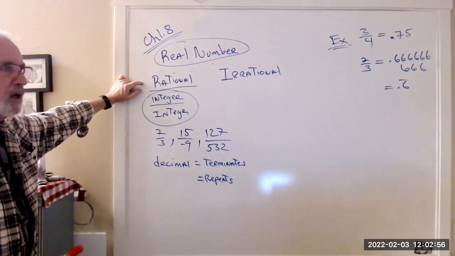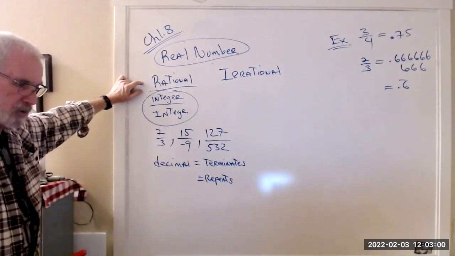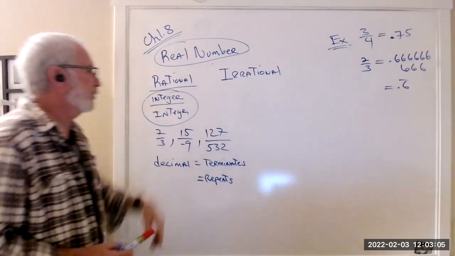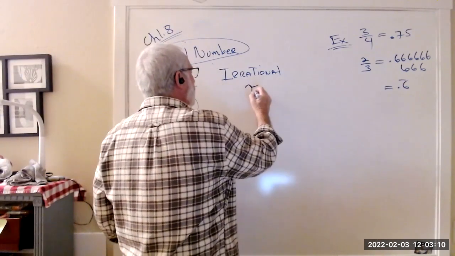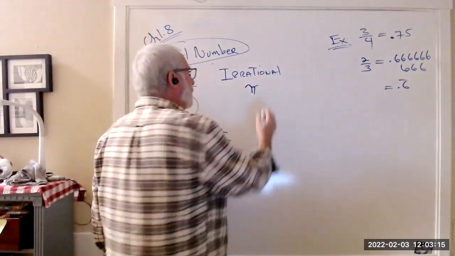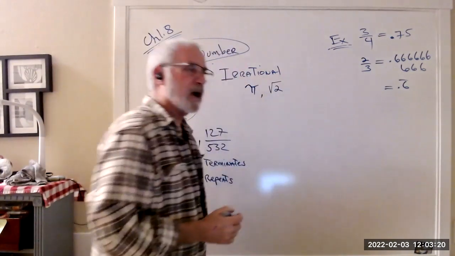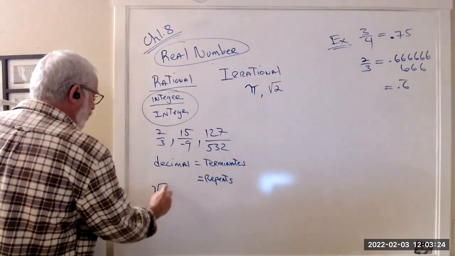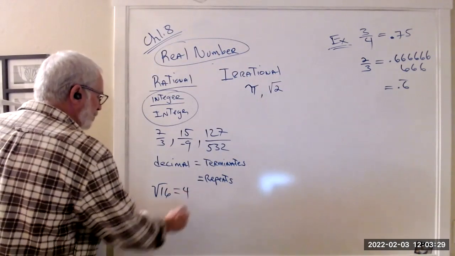Now we come to, okay, well then what's irrational? Okay, my mother actually, very irrational, but that's another story. But pi is irrational. Any square root that doesn't work out pretty. The square root of 16 works out to be a nice pretty 4.